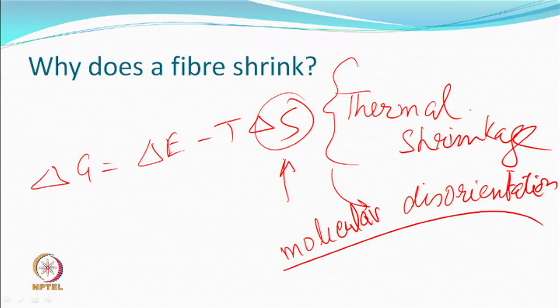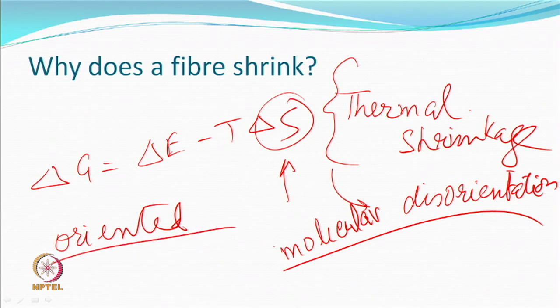Now we talk about orientation, but if given a chance, it would like to go into a spaghetti shape. One reason for disorientation is that it must have been oriented before. Only if you are oriented can you disorient. If something is already disoriented, you can't disorient more. So, an oriented structure will disorient easily.